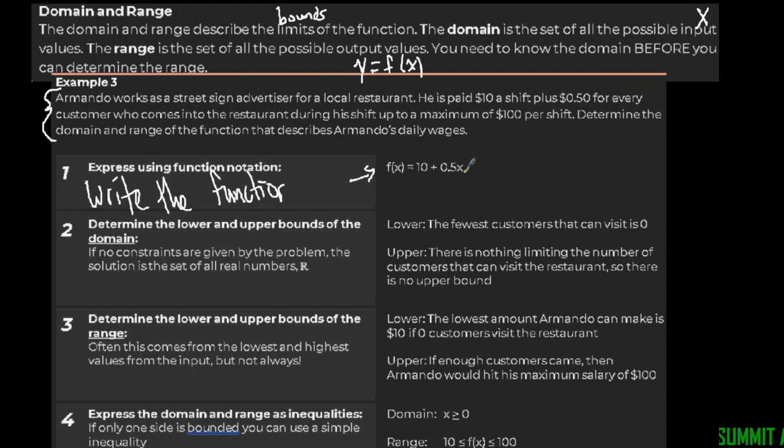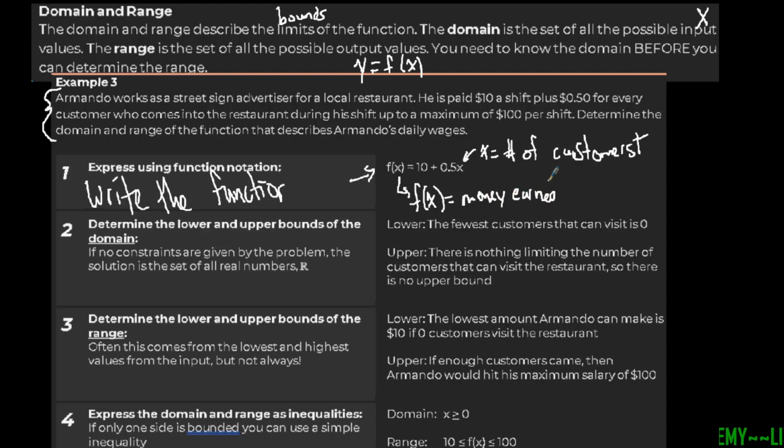So we're going to say x equals number of customers, and f of x equals money earned.